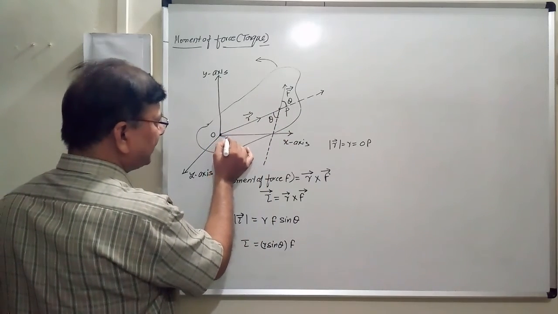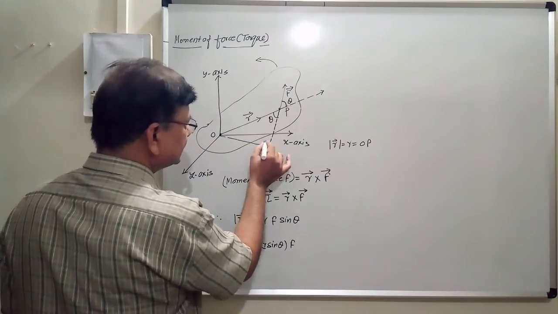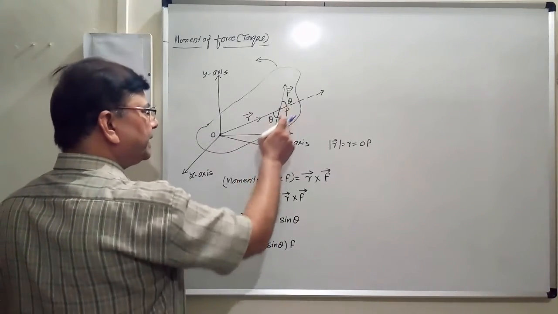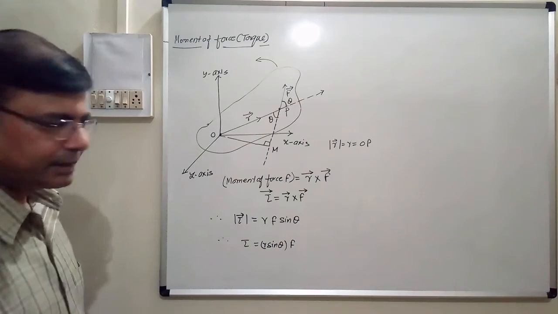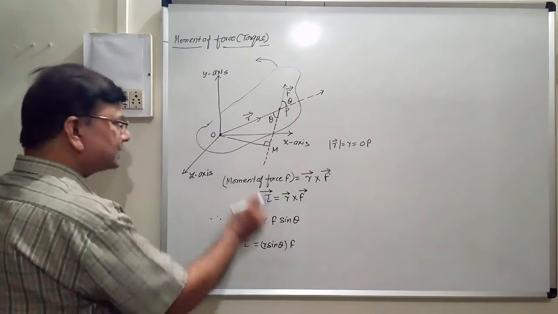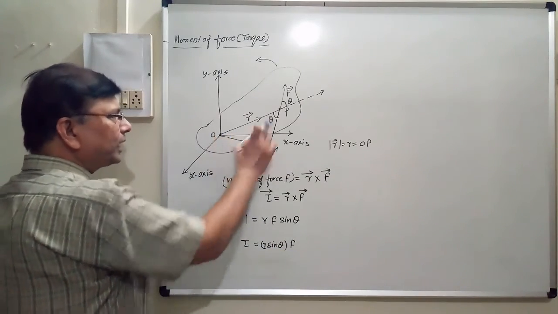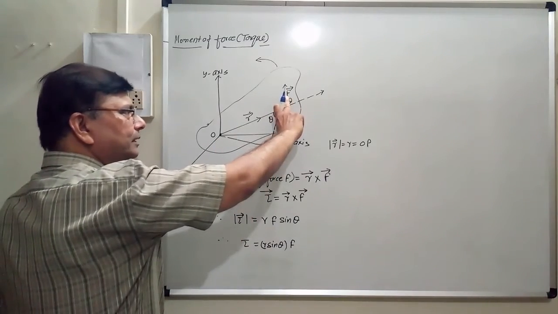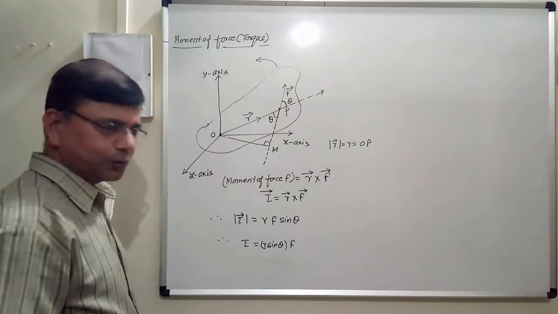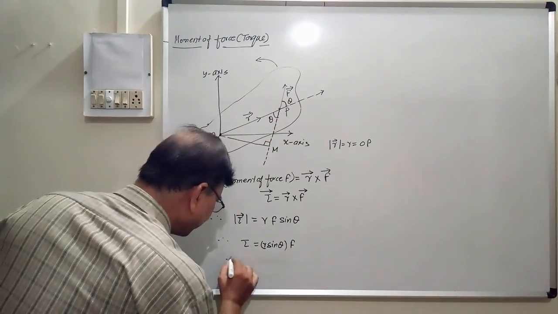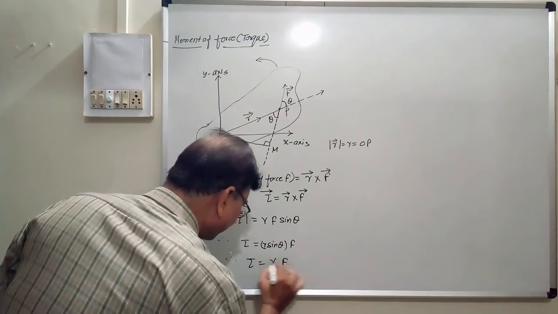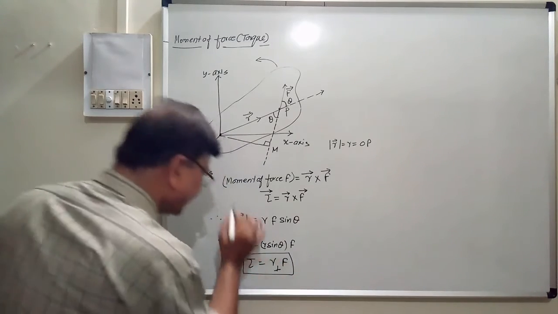So if we draw a perpendicular from here on this, suppose this is M, OPM is a right angle triangle. r sin theta is perpendicular on this F. OM is perpendicular on the line of action of this force. So we can say therefore tau is equal to r perpendicular F. We can write like this.